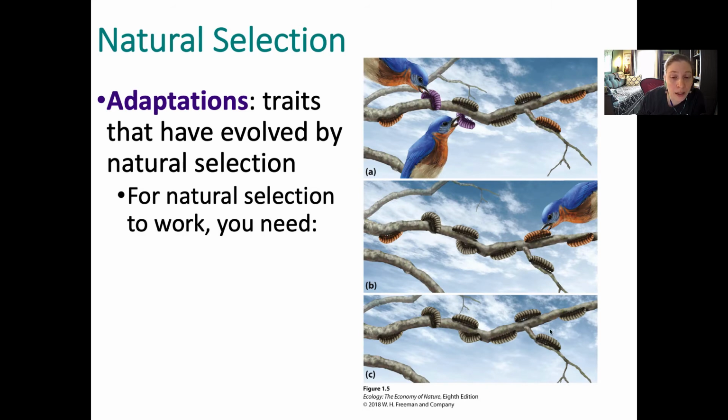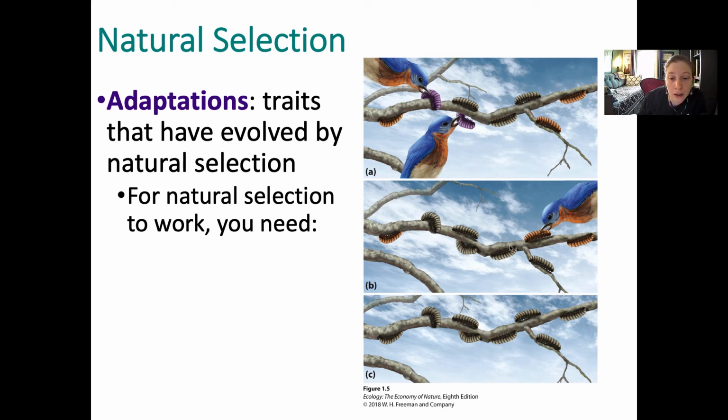The next topic that Darwin focused on was adaptations. And adaptations are traits that have evolved by natural selection. And so I have a little example over here with these birds. If you have the birds eating these caterpillars and they first pick off the bright purple caterpillar because it's really easy to see, and so they eat that one first, and in the next generation there are no purple caterpillars because none of them survived long enough to reproduce.